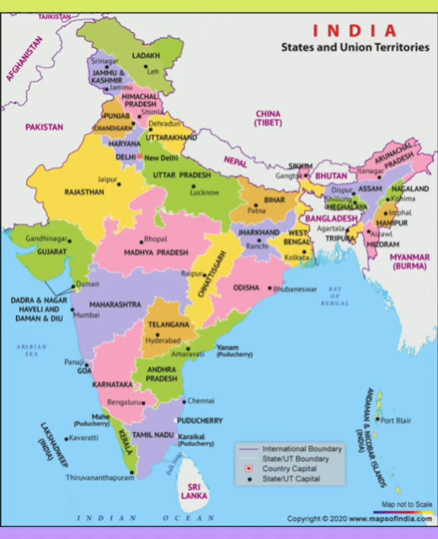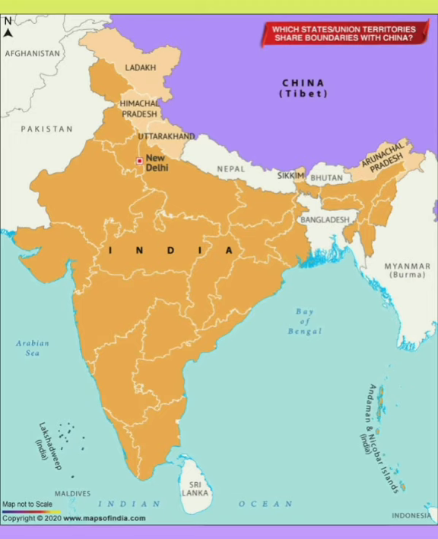Those that have a common boundary with Pakistan are Gujarat, Rajasthan, Punjab, Jammu and Kashmir, and Ladakh. Those having a common boundary with China are Ladakh, Himachal Pradesh, Uttarakhand, Sikkim, and Arunachal Pradesh.